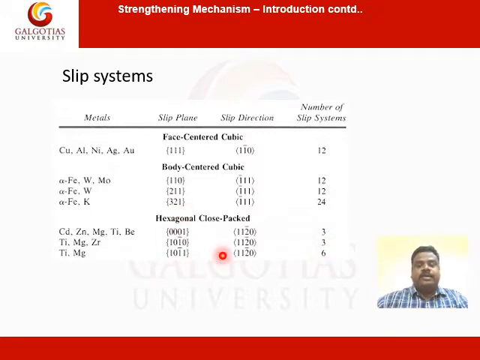So we don't have so many slip systems in hexagonal close-packed structures. Therefore twinning assists the slip to take place. So overall, the major mechanism responsible for plastic deformation is slip, assisted by twinning in the case of BCC and HCP metals.